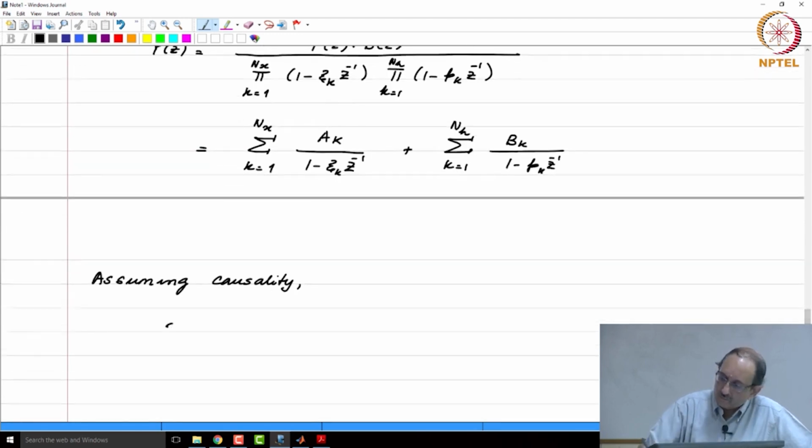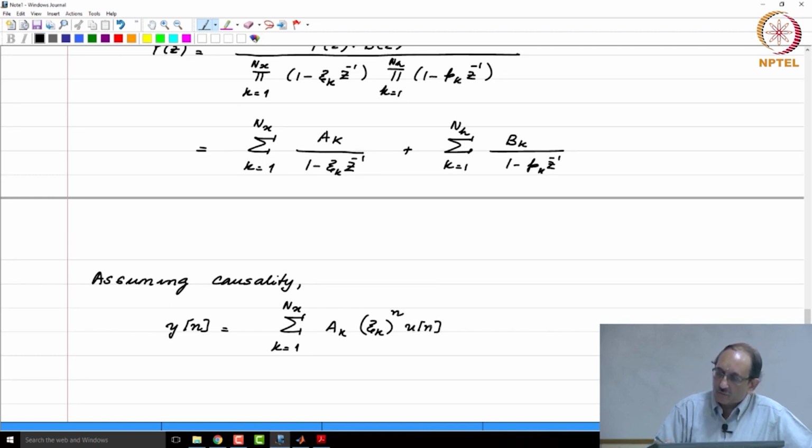And hence, the time domain response becomes like this. So, this is k going from 1 to n suffix x a k psi k power n u of n.